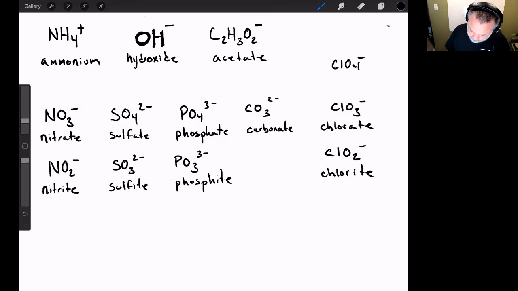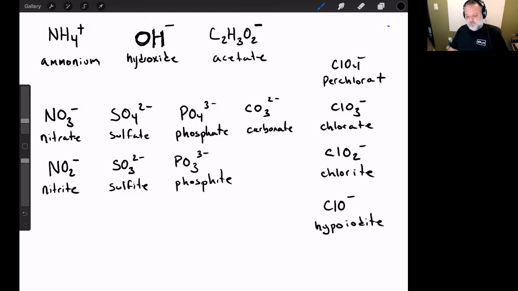and this one. This one is perchlorate. This one is hypoiodite. Perchlorate and hypoiodite. But look at the pattern.